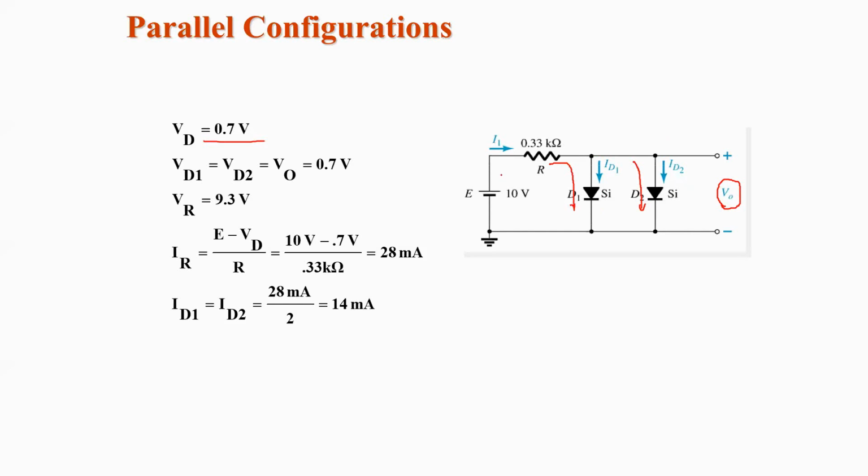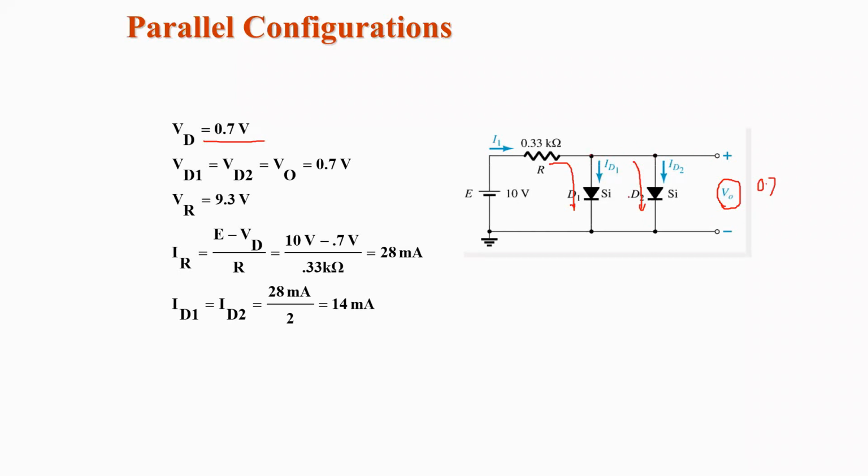Okay, so this is 10 volts. Some voltage will be dropped across this resistance, and then we get some voltage at this particular point. So what is the voltage drop across this resistance? We know that 0.7 volts is there across this. So at this particular point, VD is equal to 0.7 volts, because the voltage across the diode is 0.7.